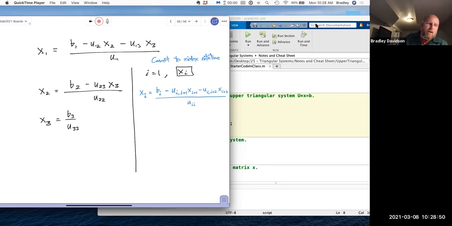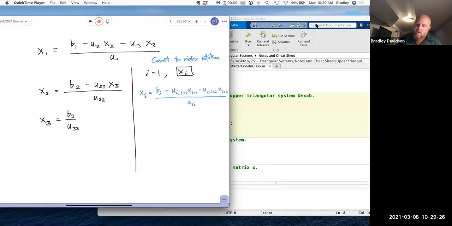Okay, so now there's another thing we can see here. We want to collapse this even further into something that we can program using arrays, and this needs to be generic. Right now, we're not completely generic, okay? Because if we have a 4x4, for example, this is going to be u sub i, i plus 1, u sub i, i plus 2, and this is going to keep on going.